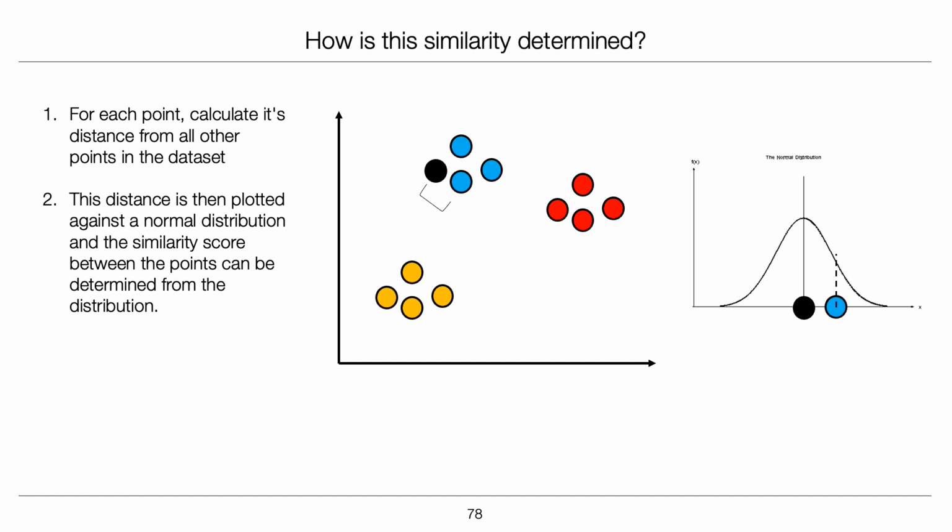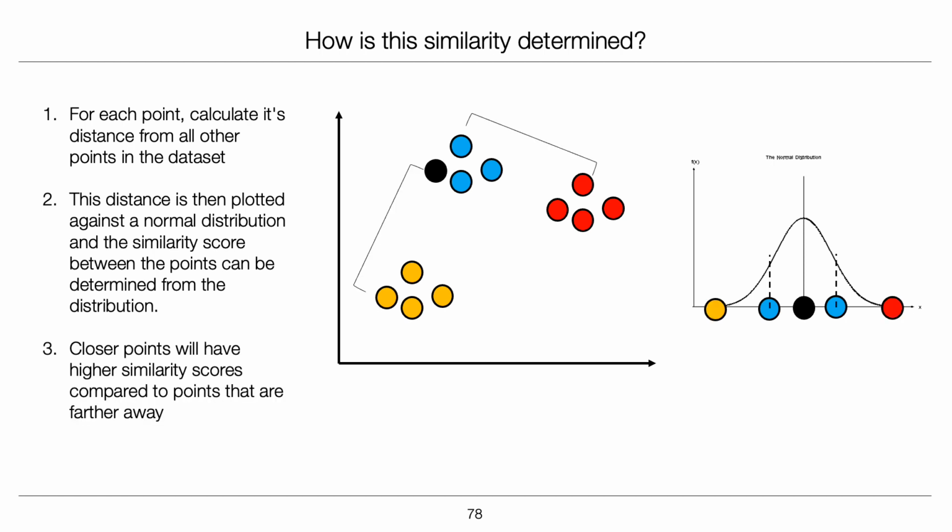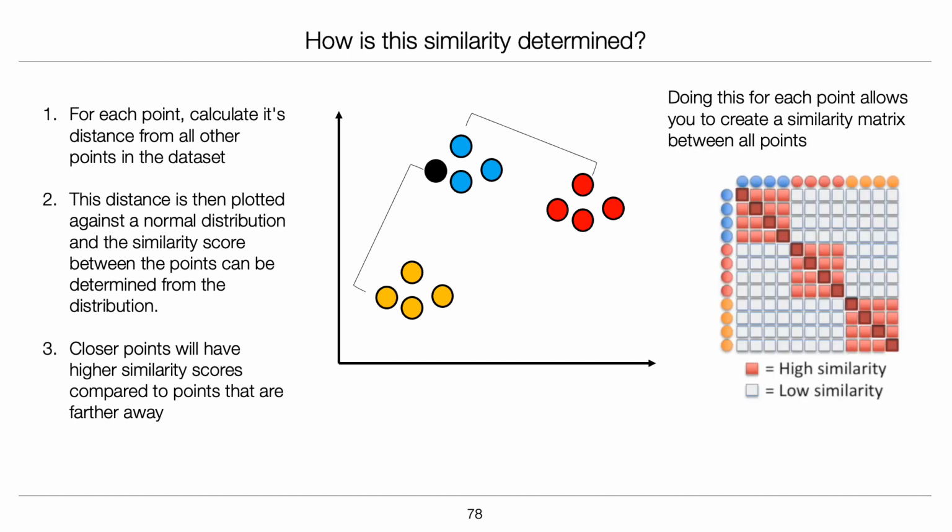These light blue points will get a higher similarity score than other points that are far away, such as the red and the yellow points. Performing this calculation for each data point will allow you to create a similarity matrix between all pairs of points, as shown in this matrix that looks like a heat map on the right.